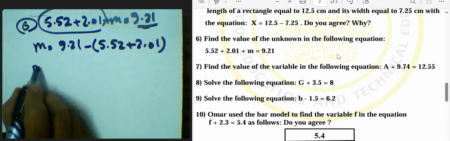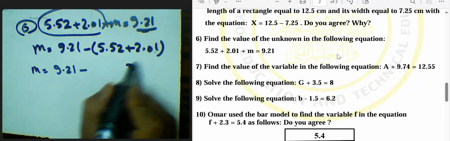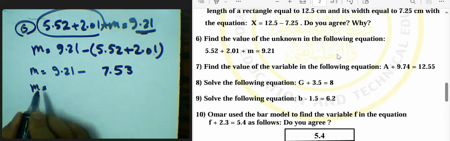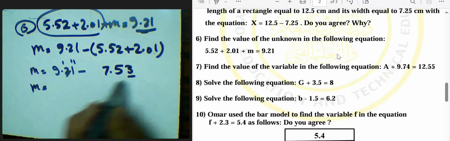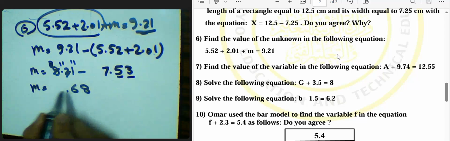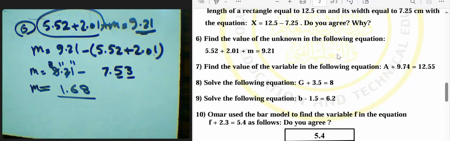Then the value of m, 9.21 subtract by sum of them: 1 plus 2 3, 0 plus 5 5, 2 plus 5 7, 11 minus 3 equal 8, and 11 minus 5 equal 6, 8 minus 7 equal 1. And the value of m equal 1.68.